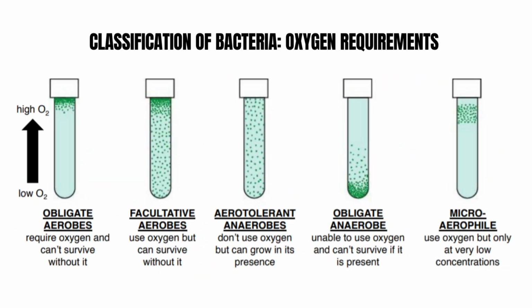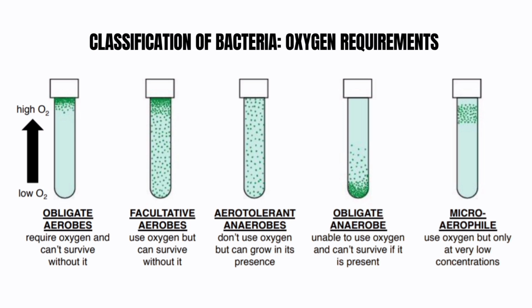Another classification of bacteria is based on their oxygen requirements. We basically have the aerobes and the anaerobes. Aerobes are those that need oxygen to survive, and anaerobes are those that can live without oxygen or in the presence of low oxygen. We have the obligate aerobes, which require oxygen and can't survive without it. We have the facultative aerobes, which use oxygen but can survive without oxygen.